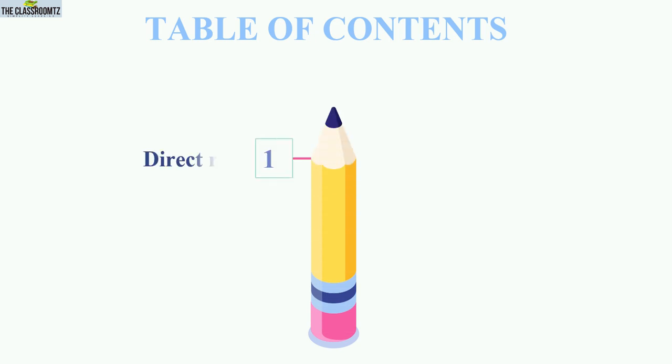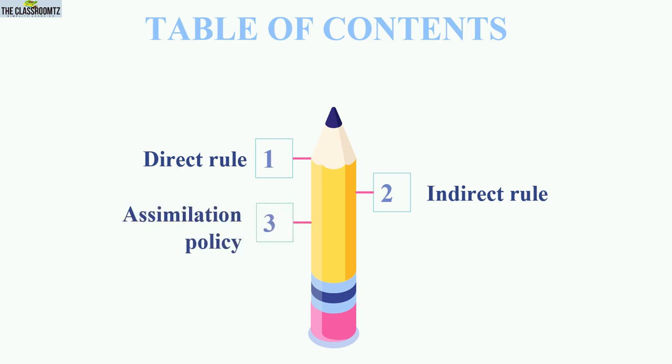First, let's check the table of contents. What are we going to cover in this topic? Number 1, we are going to check direct rule as an administrative system, and then indirect rule, and also the assimilation policy.